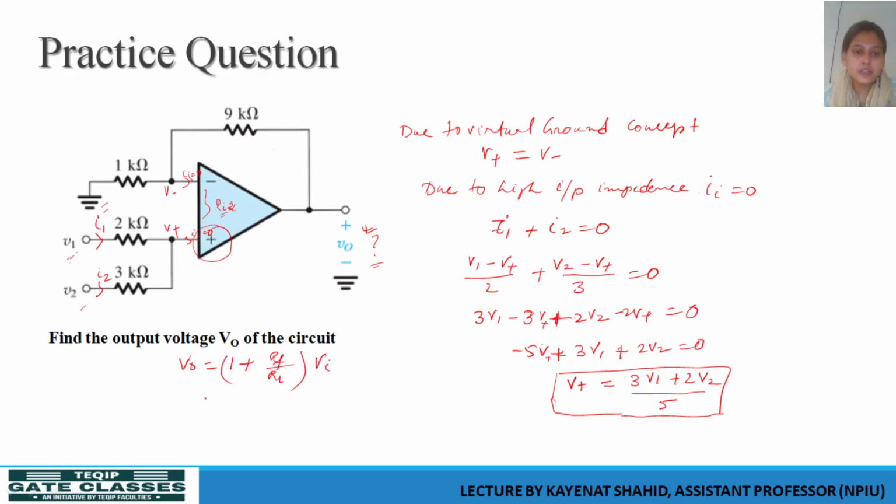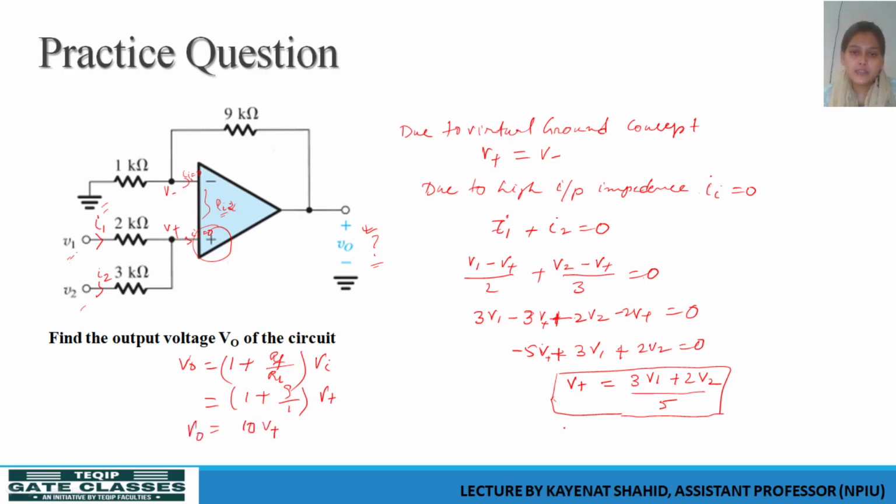Here VI is nothing but V plus, so 1 plus 9 by 1 into V plus, which is nothing but 10 V plus.